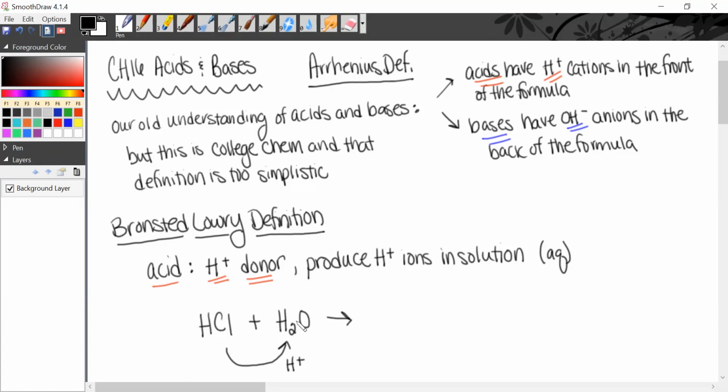That's what I mean by an H plus donor. So the HCl gives away the H plus to the H2O. When the water molecule gains an extra hydrogen, it becomes something called hydronium, which is H3O plus. This is called the hydronium ion. And of course, the chlorine is now just a chloride ion.